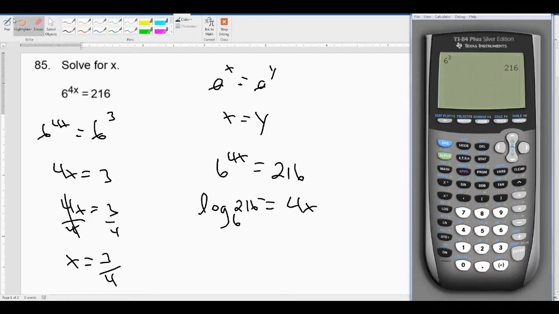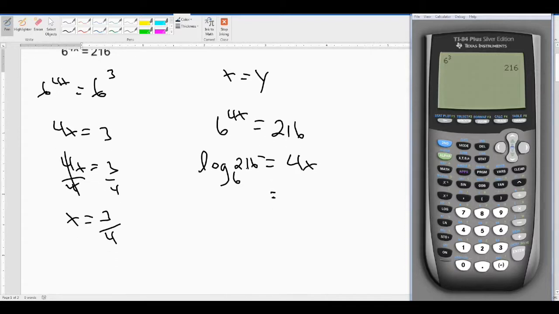Circle, buddy. And then there's a formula called a change of base formula, which says you can take that log base 6 of 216 and write it as 2 separate logs over top of each other. Remember, the base goes on the bottom. And then we have the 4x over here.